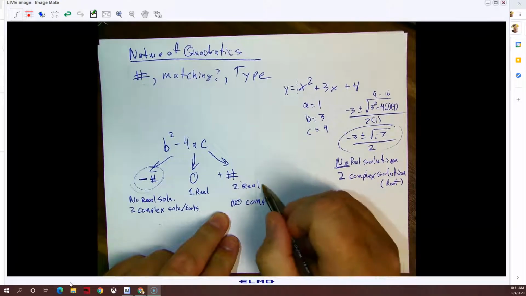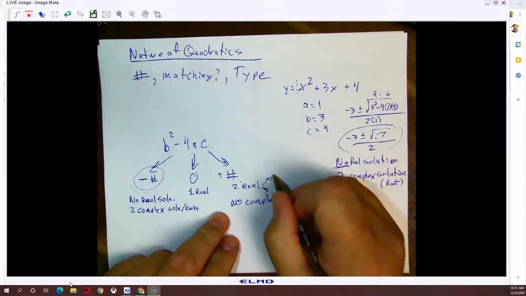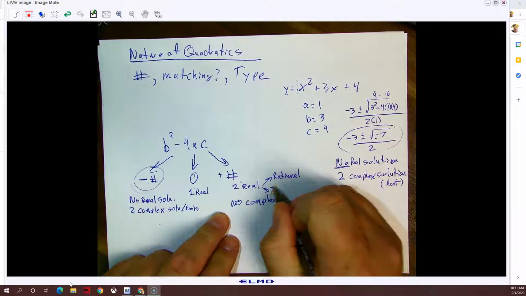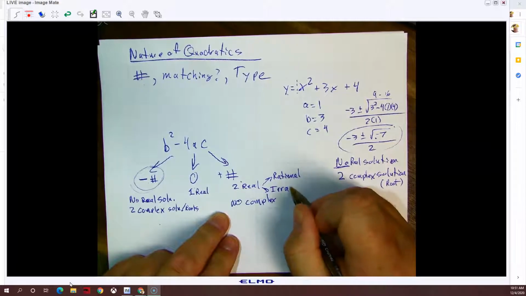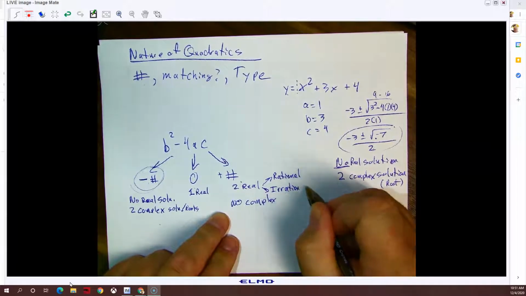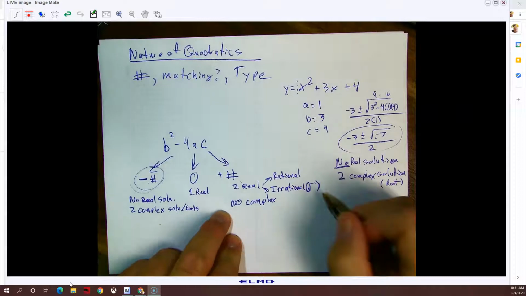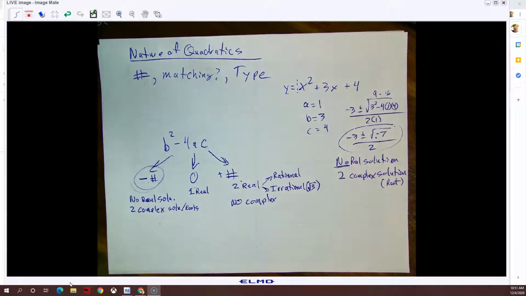But we could have two types of real solutions. We could have rational or irrational. Now, by the way, the difference between rational and irrational is irrational has square roots left in them, things like square root of 3.